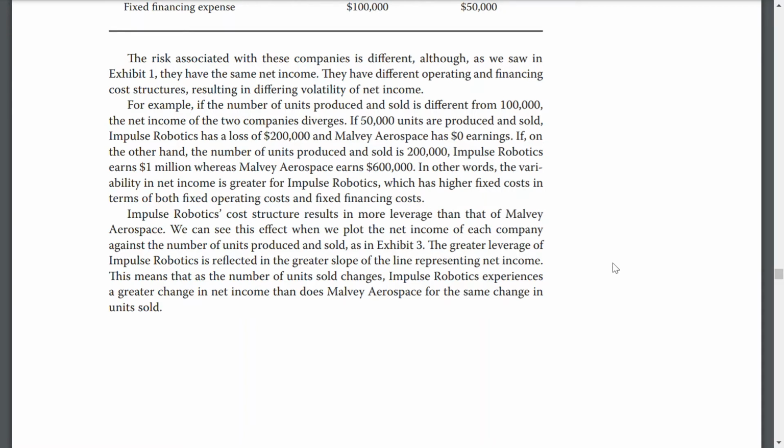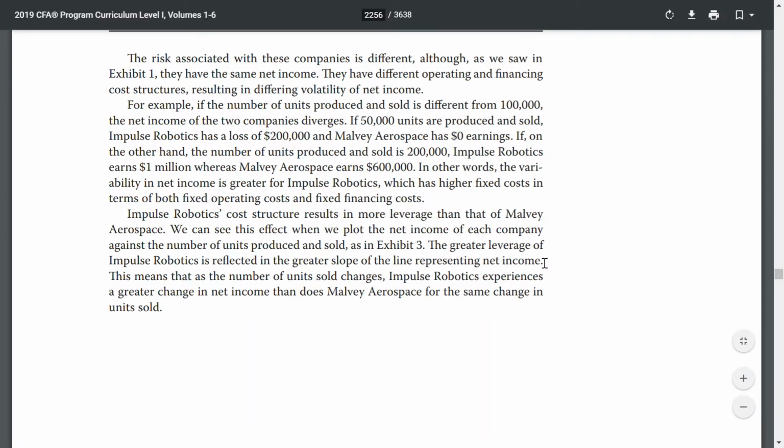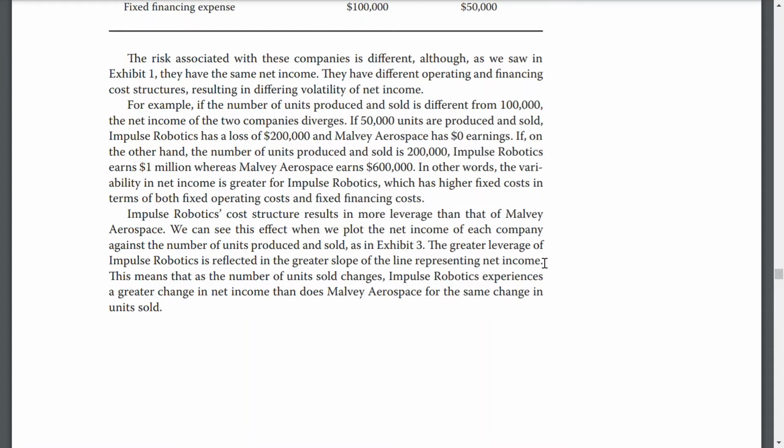We can see this effect when we plot the net income of each company against the number of units produced and sold. As in Exhibit 3, the greater leverage of Impulse Robotics is reflected in the greater slope of the line representing the net income. This means that as the number of units sold changes, Impulse Robotics experiences a greater change in net income than does Marvey Aerospace for the same changes in units sold.